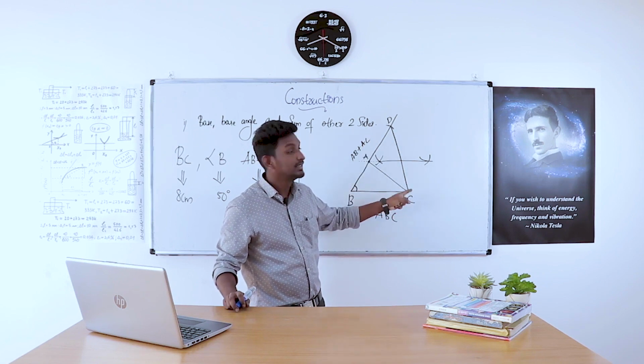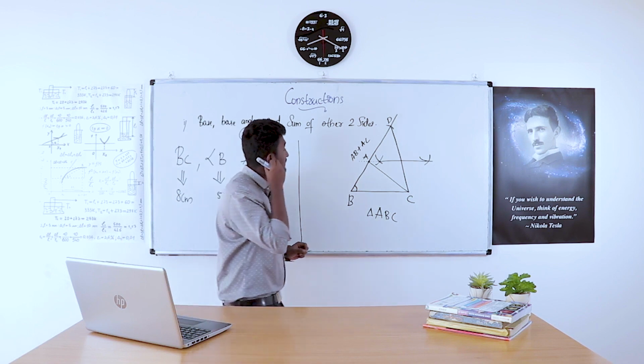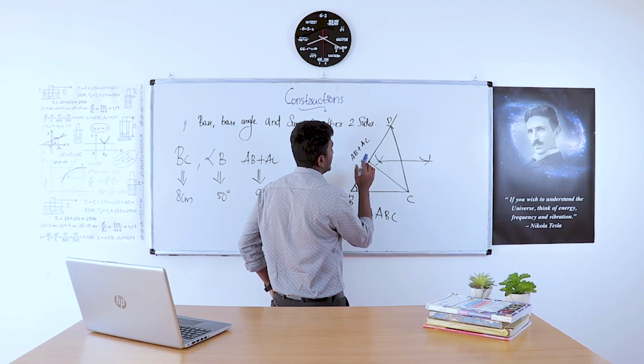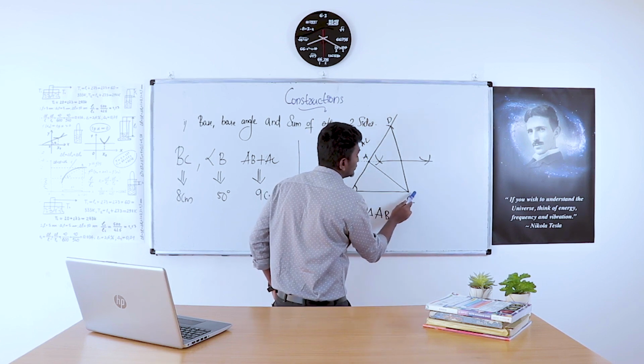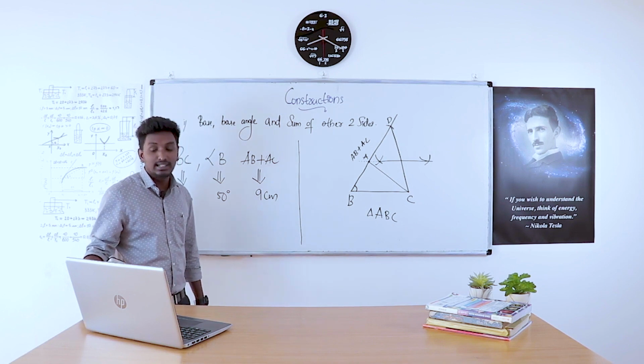Then the sixth step is that when we draw the perpendicular bisector and extend it to the line segment BD, it meets BD at a point A. Then the last step is mark the point as A and from that point draw a line to C. Now we got the triangle ABC.